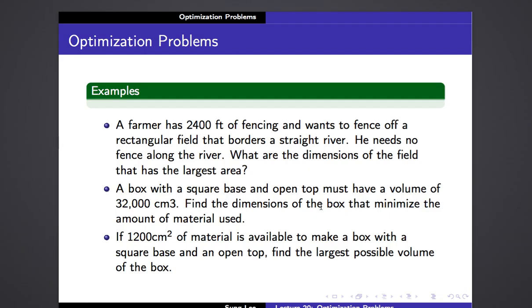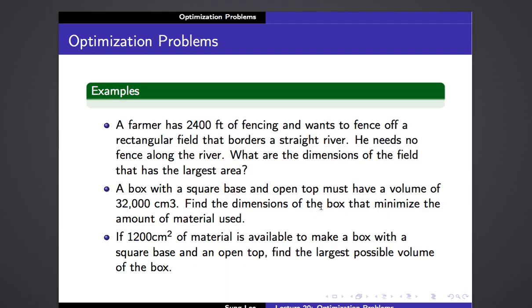So here comes the first example. A farmer has 2,400 feet of fencing and wants to fence off a rectangular field that borders a straight river. He needs no fence along the river. In that case, what are the dimensions of the field that has the largest area?